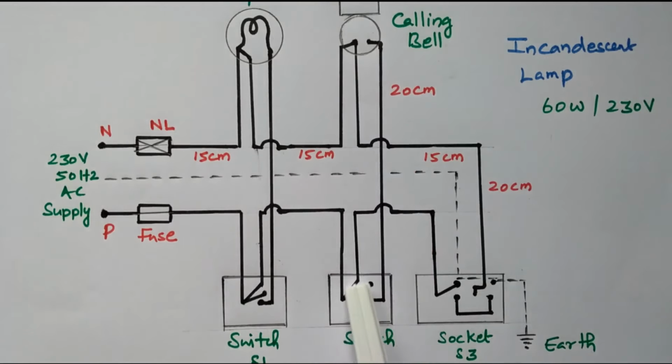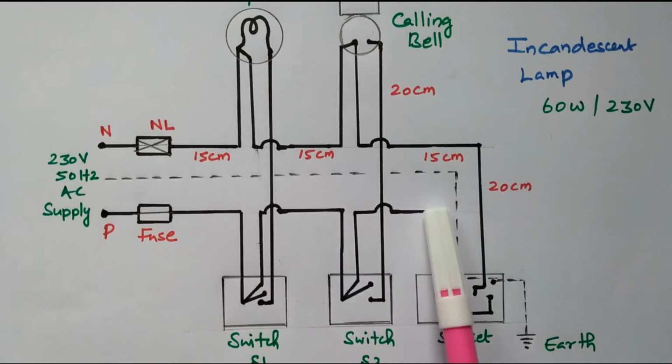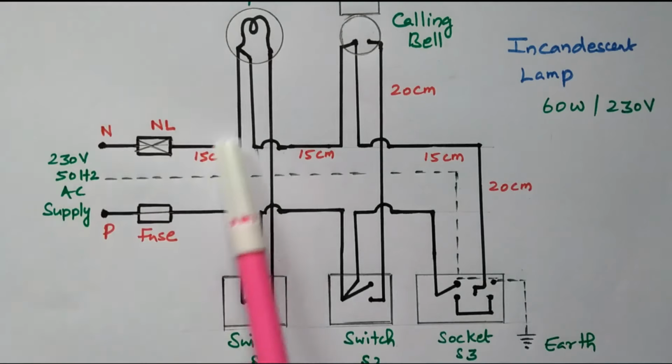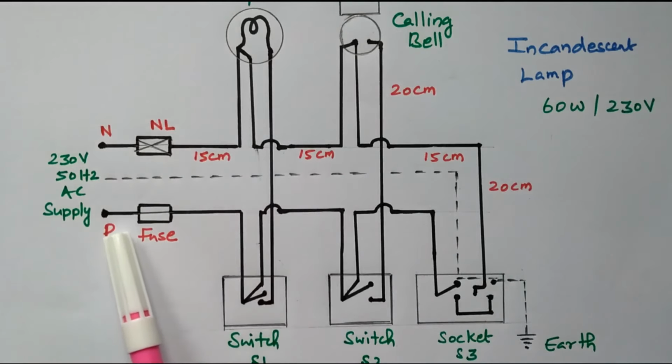From here one more tapping is taken, that is given to the phase of the socket plug point. So when you put the plug in here, we will get the phase and neutral supply. Here also one switch will be available. So the neutral is directly connected, and phase is connected through the fuse to the switch S1 to control the lamp.